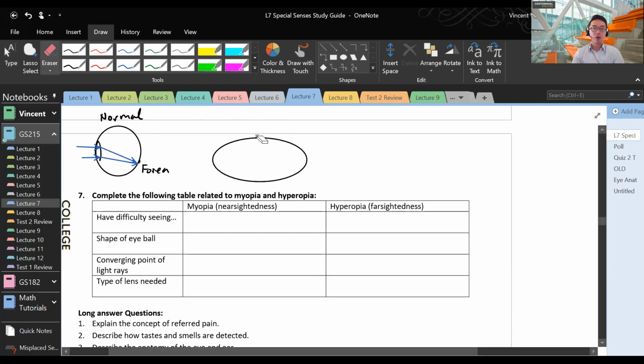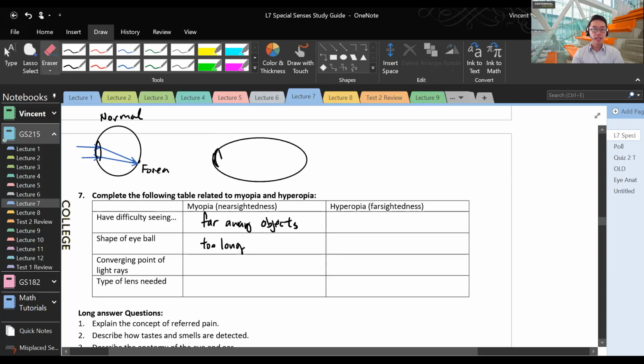All right. So in myopia, the eyeball is too long. The shape of the eyeball is too long, and that would cause you to have difficulty seeing faraway objects.